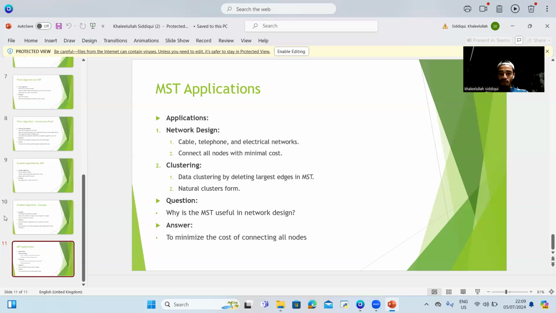The main loop picks the smallest edge and checks if it forms a cycle with the spanning tree formed so far, using the union-find data structure. If it does not form a cycle, include it in the MST. Repeat until there are V minus 1 edges in the MST, where V is the number of vertices.